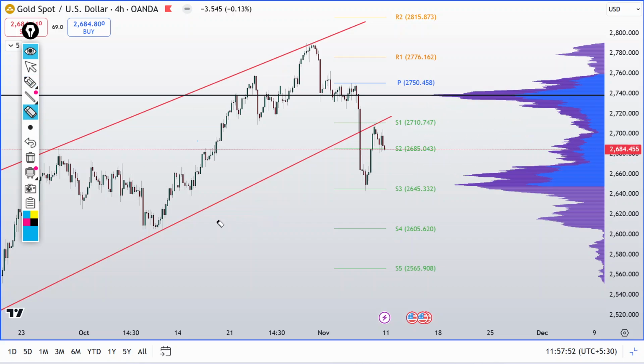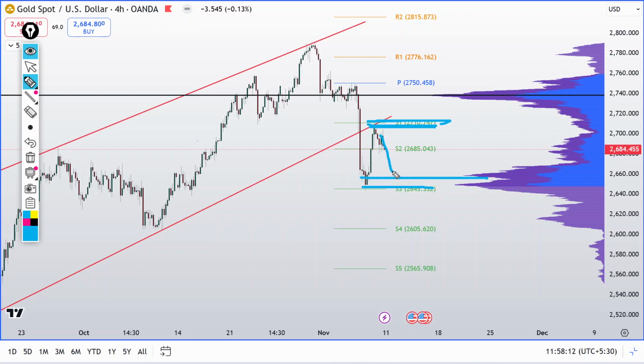If we consider the resistance and support, we have to watch this level, the recent swing high, around 2710. This is the major resistance as of now on the 4-hour time frame, and on the lower side the support is around this level.